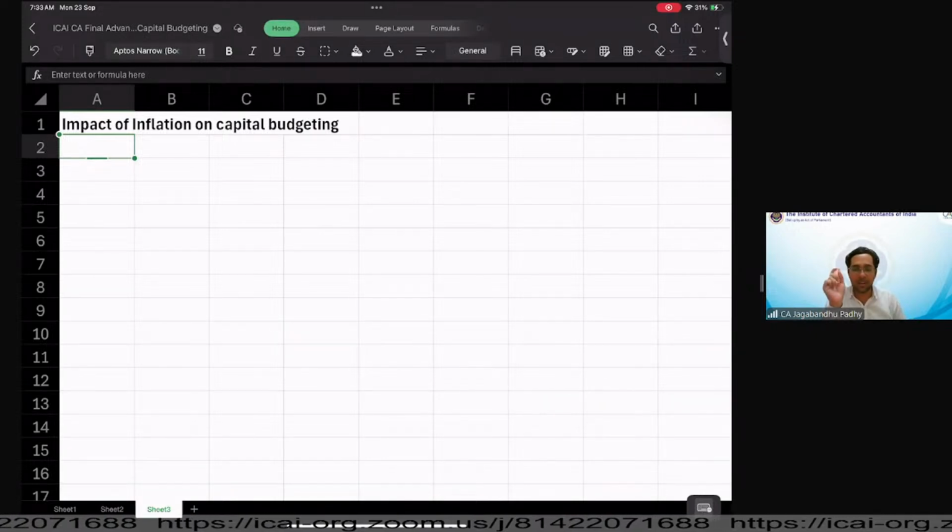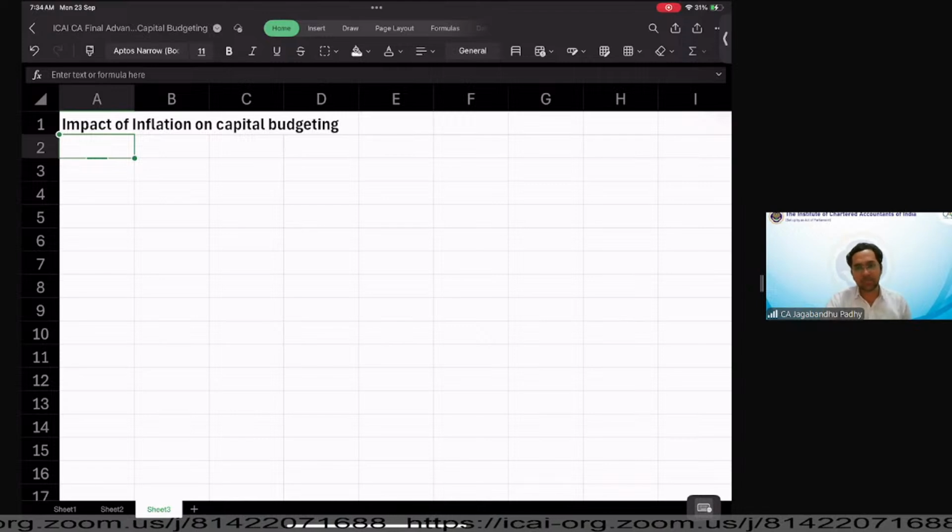We need to consider the impact of inflation on the capital budget. We are going to learn something called real cash flows and nominal cash flows.